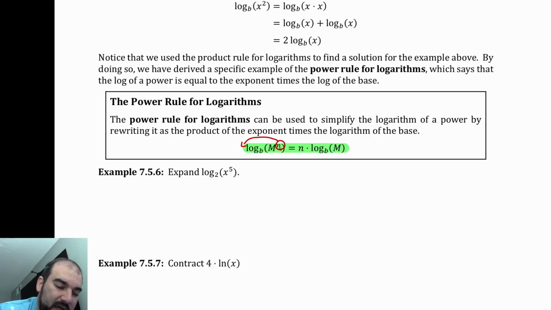So we go from this to n times log base b of m. We take that exponent and push it to the front as a product.